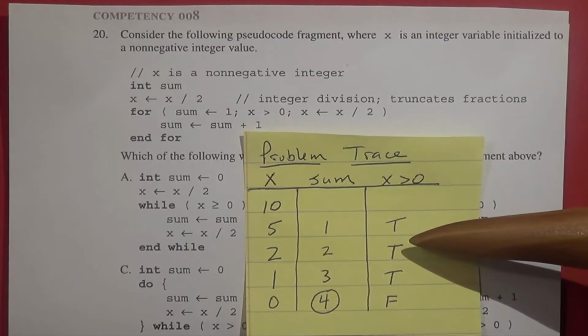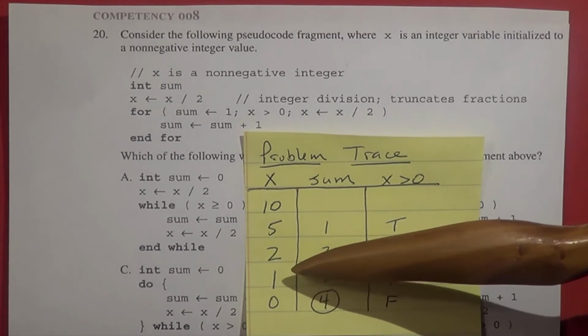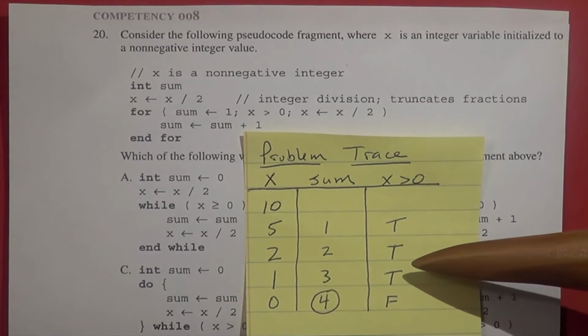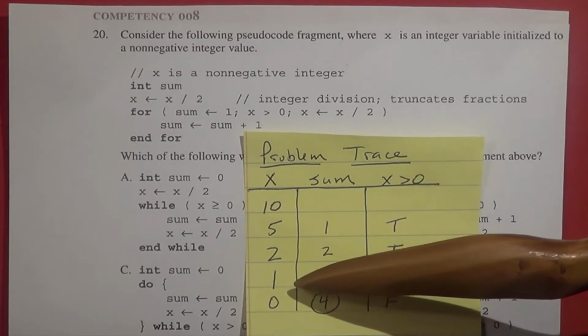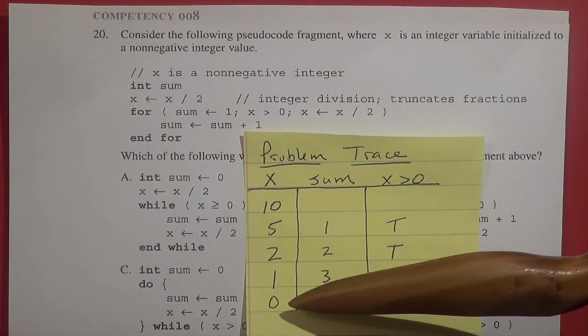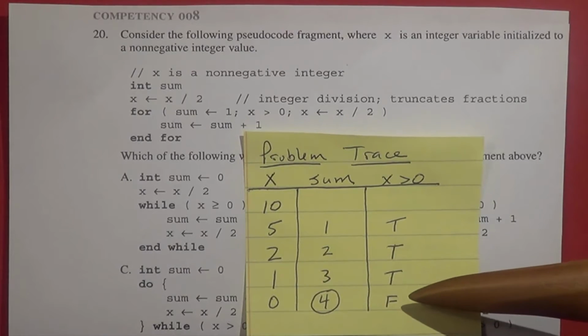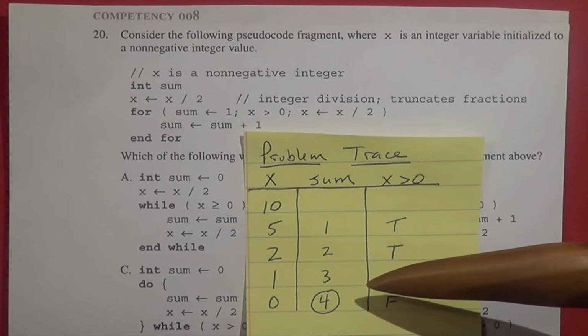Still true, still greater than 0. Sum increases by 1. 2 divides by 2 to make 1. Still true, greater than 0. Sum increases once again. 1 divides by 2 to make 0, and this is integer division, so there is no decimal or remainder. This makes it false, and the loop stops with the final value of sum being 4.